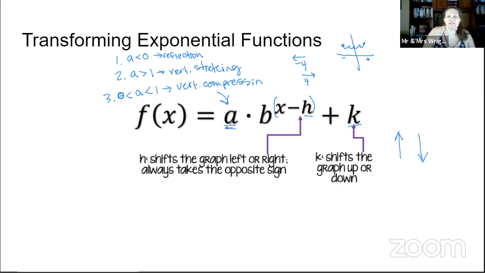All right, K, that's going to shift your graph vertically up or down. So A is the stretching or the compressing. So it's going to pull it or compress it. Whereas K is going to just move it directly up or directly down. So if this is your graph, it takes and moves the whole thing up. Whereas with the vertical compression and stretching, it would look more like that.